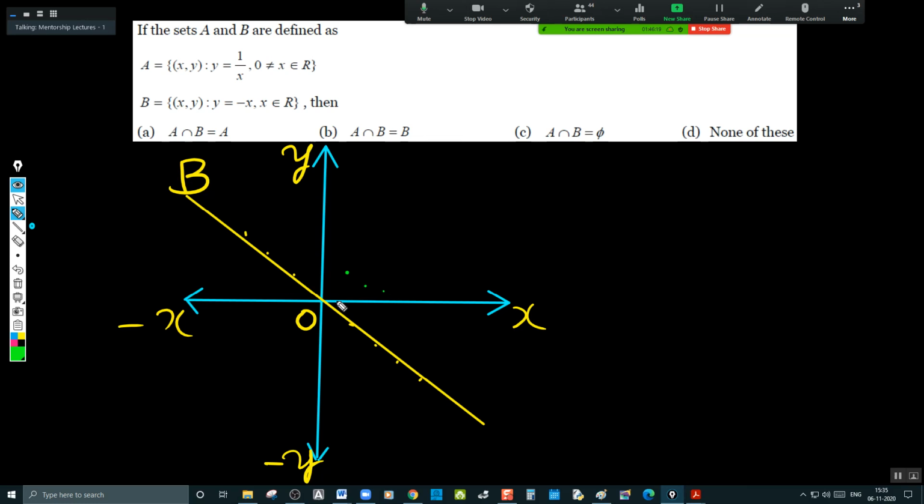If you put x equal to 1 by 2, what is y? 2. That means between 0 and 1, y is rising. If you put x equal to 1 by 3, what is y? 3. Are you there, everyone? What I'm explaining you? Yes, sir.